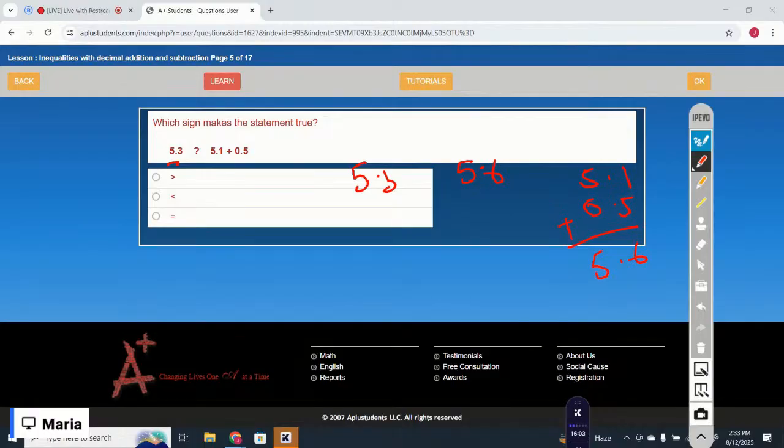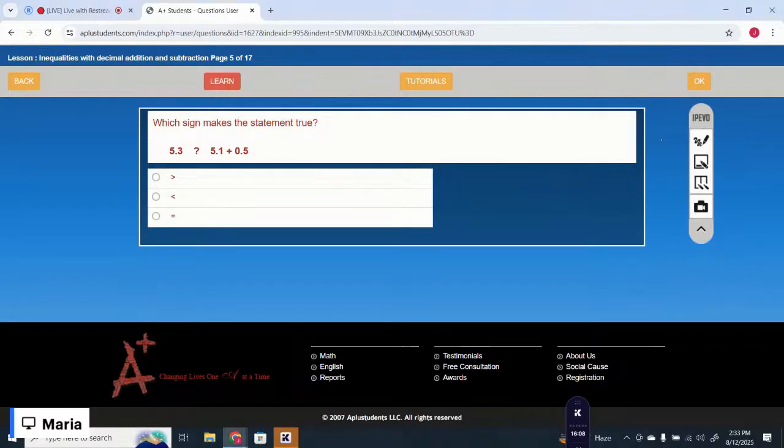That is 5.3 is less than 5.6. Less it is, option 2 is the correct option.